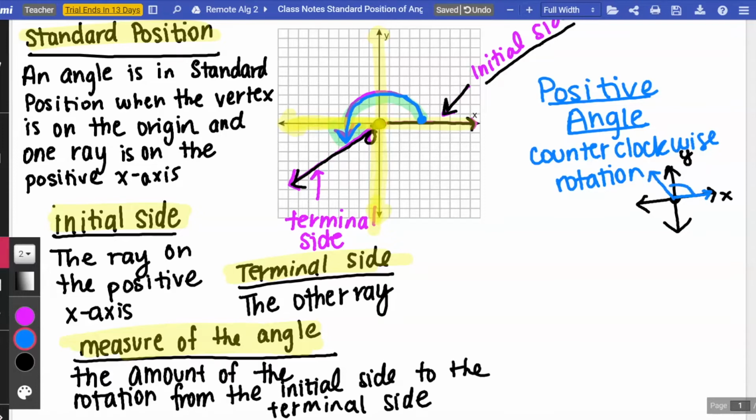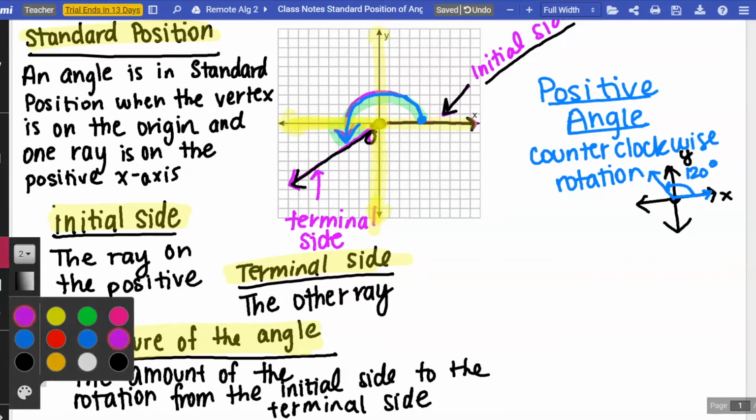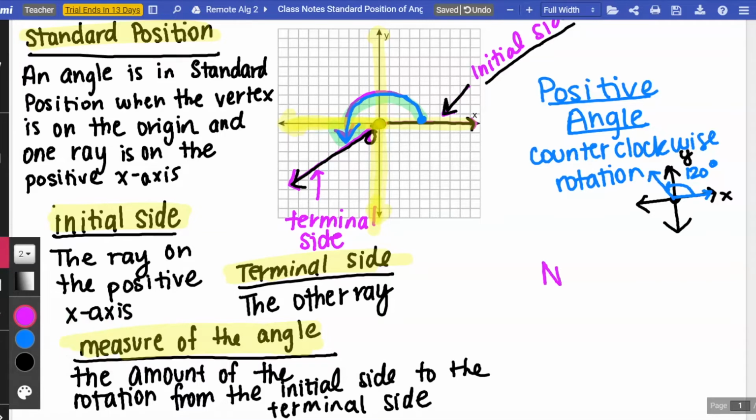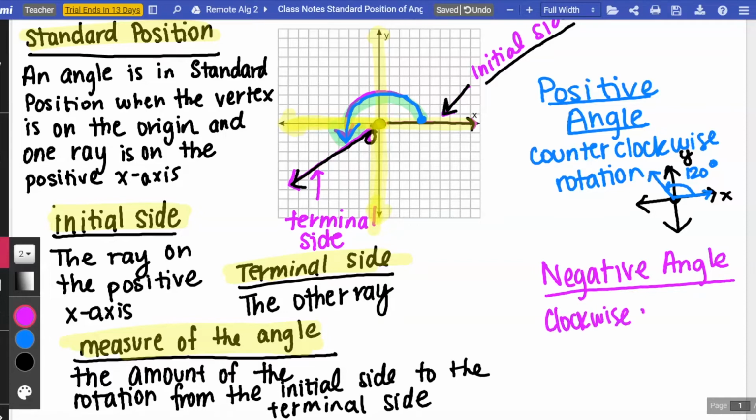If we rotate counterclockwise, we would get a positive 120-degree angle. If we want a negative angle, then we would rotate clockwise. A negative angle is created when you do a clockwise rotation.